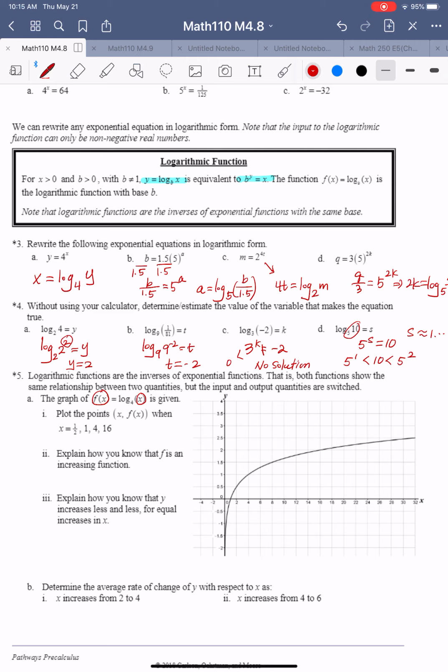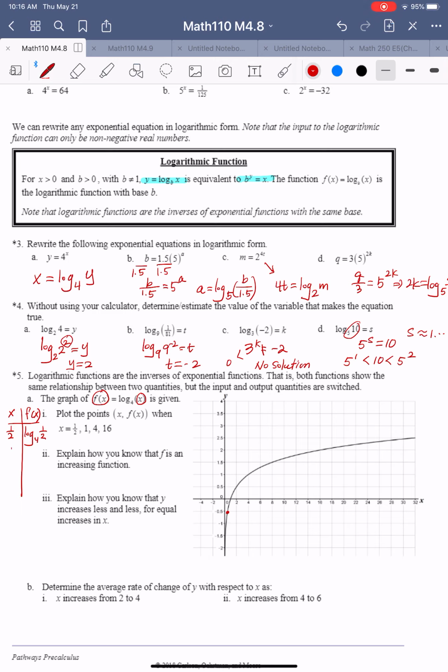So plot the points x and f of x. First x is a half, so you have the log base 4 of a half. This one you can match if you use a calculator, okay? It's going to be negative 1/2, so about here.